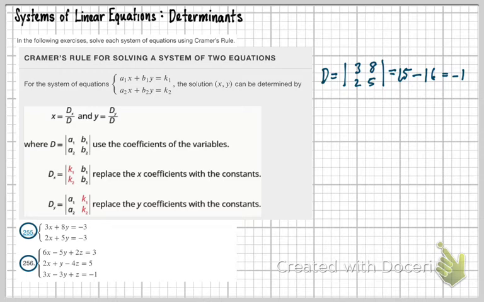Now for my dx, I'm going to take that same d here, and I'm going to remove one of the columns. And if you look down below here, this is my dx. So my second column stays the same, so that's just going to be my 8, 5. And my first column is now going to become the column of constants there.